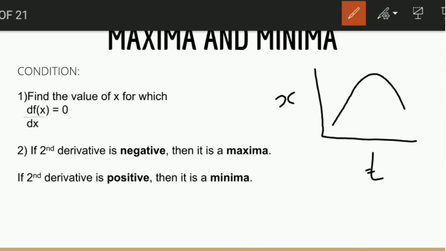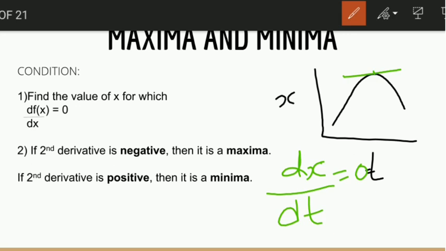Here we know that at this point, yes, this is the maximum point, the slope is zero. So we know how to find the slope, that's dx by dt. And we also know that at the maximum point this dx by dt is zero. Yes, that's how we find the maxima or minima.